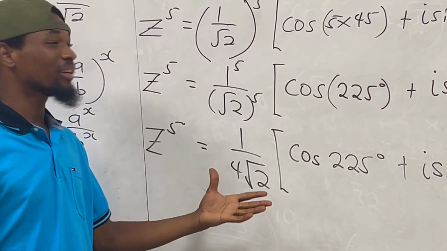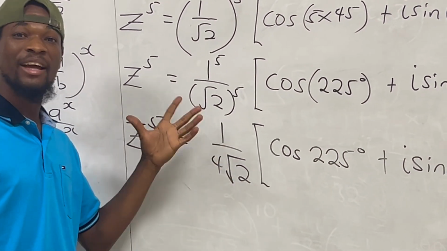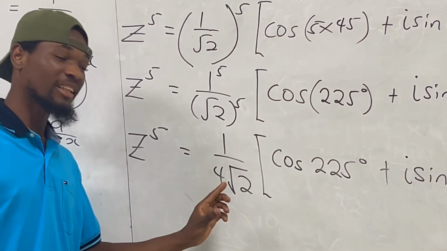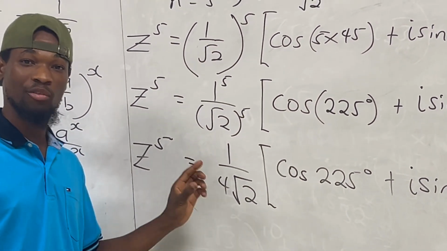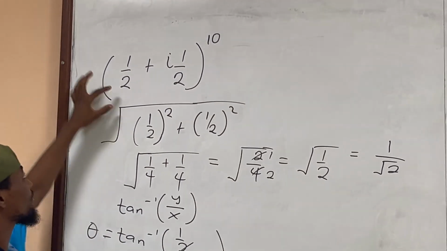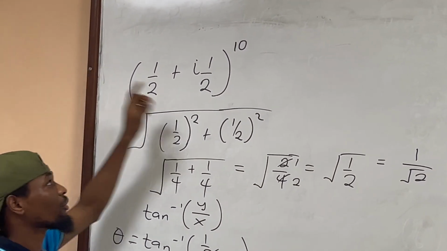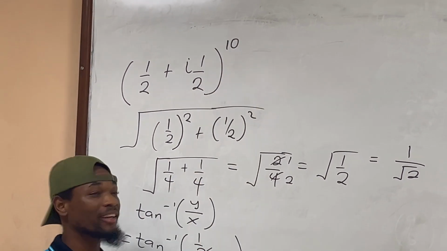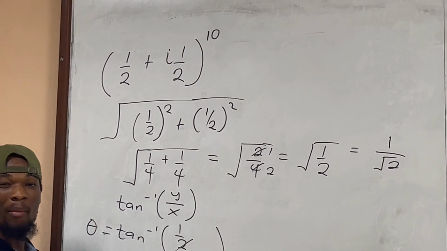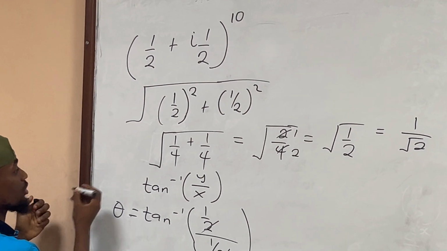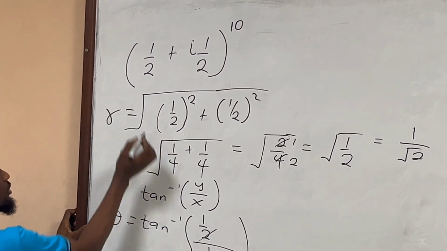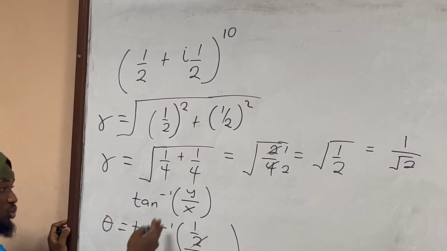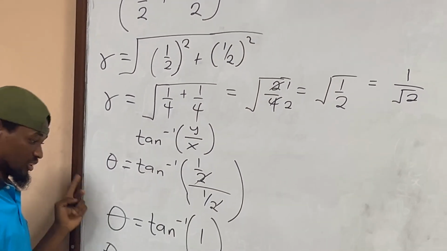So I will give you the same question raised to an exponent of 10, and let's see what happens from here. Viewers, we have the same question, but this time raised to an exponent of 10. You just follow the same formality. Find your modulus r this way, and your argument this way.